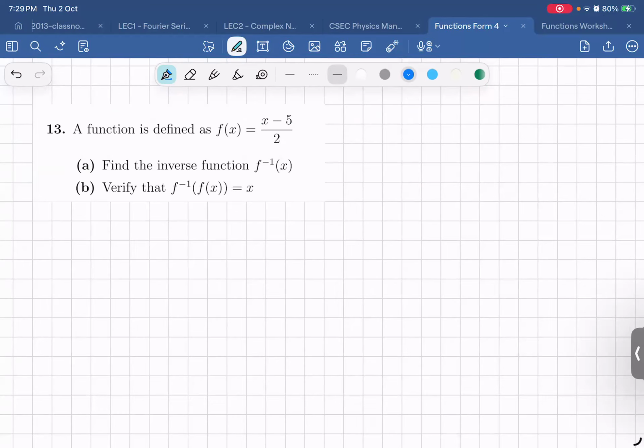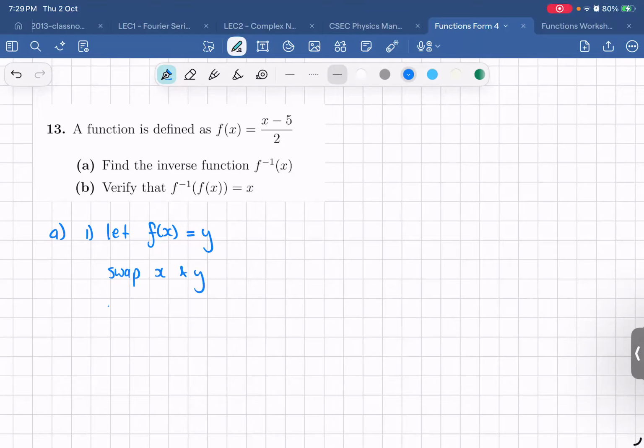Now you'll get through the work. The first question, we're going to find the inverse. Let's just write down the steps. The first step, you're going to say, let f of x be equal to what? Do you remember? Y. Then the other step is to swap what? Swap x and y.